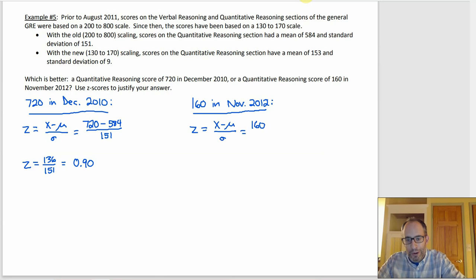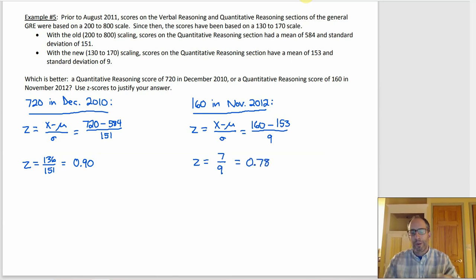That's the value that we're concerned with. Minus the mean with the new scoring system, which is 153 in that second bullet point, and then divided by the standard deviation, which is 9. So it looks like what we're going to get is 7 over 9, which to two places is 0.78, right? You get 0.777777 repeating. So to two places, 0.78.